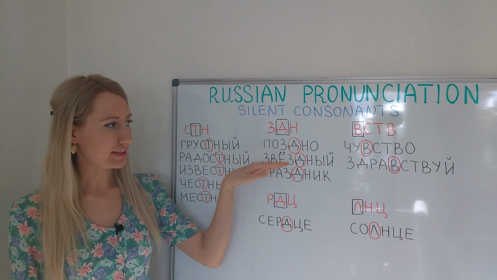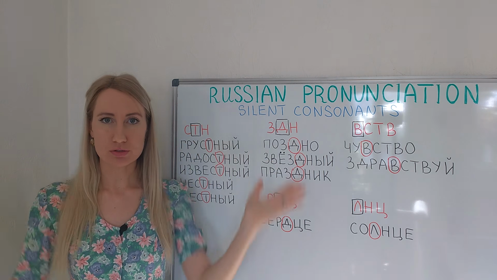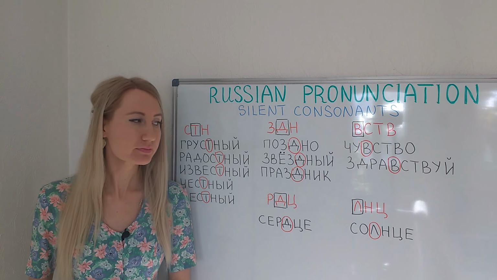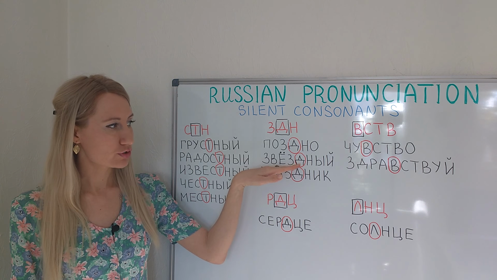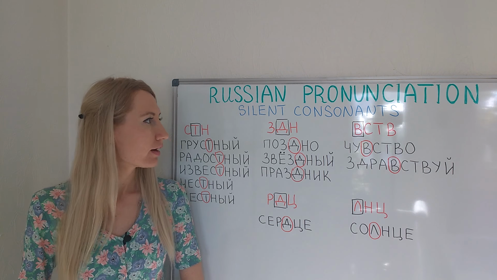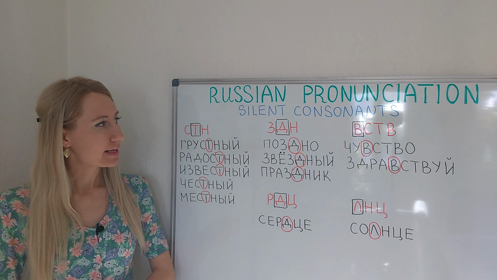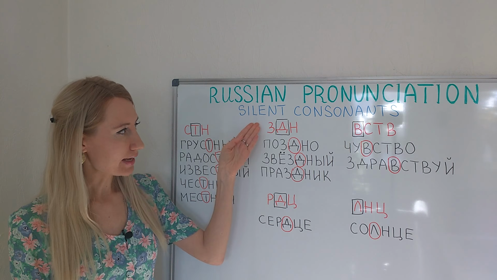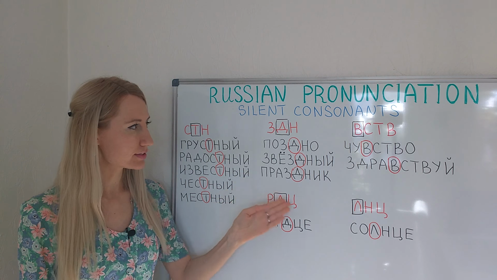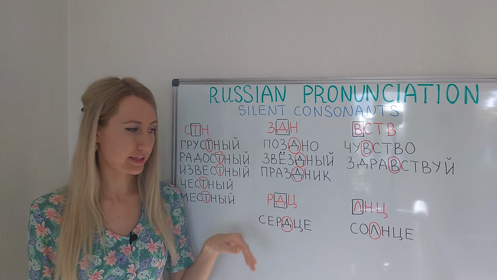And звездный, when there are a lot of stars, звездное небо. The word to check here is звезда, a star. The next combination is like zdn, it's rdc, again with this D letter.